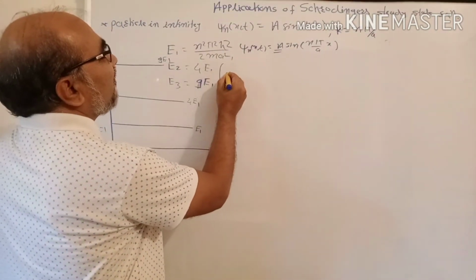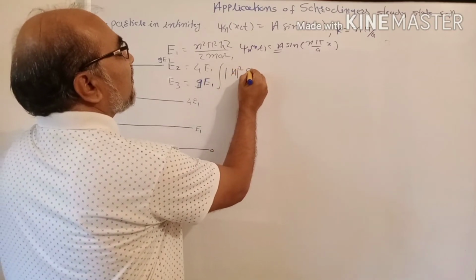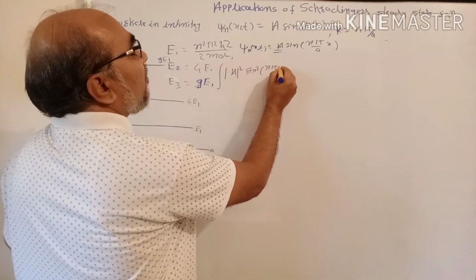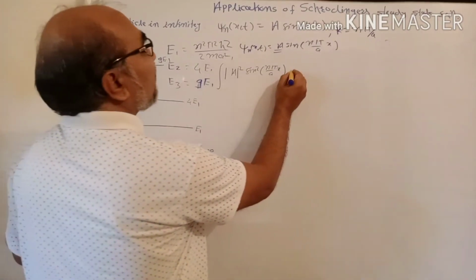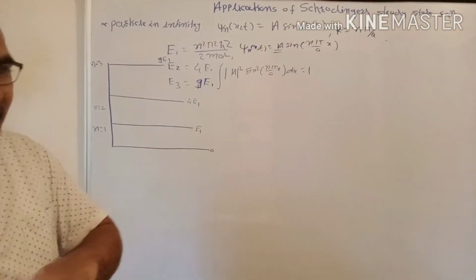We know that the integration of mod A square sin square of n pi by a x dx is equal to 1, according to the condition of normalization.